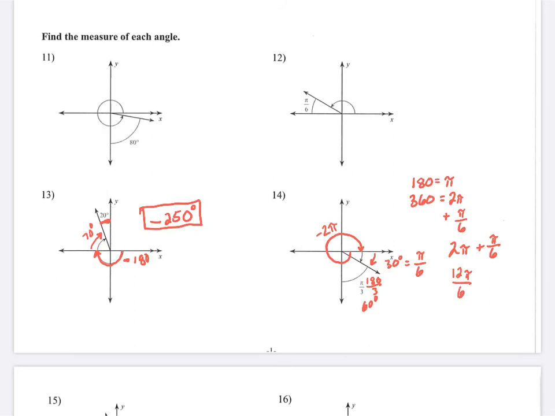See, 12 divided by 6 is 2, plus pi over 6. So the final answer should be 13 pi over 6. So we added 12 pi plus 1 pi equals 13 pi. So as you can see, doing these measures, especially in radian mode, you're getting a little fraction reminder work.